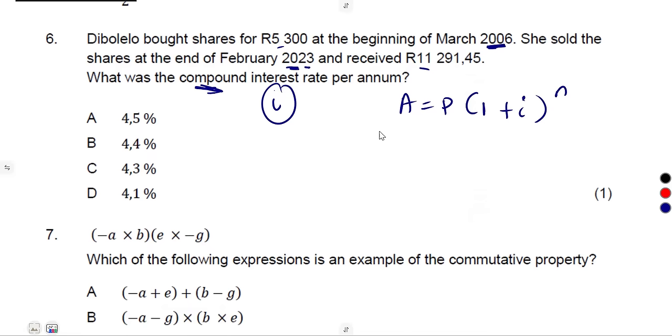From our compound interest formula, amount is equal to P into 1 plus i to the exponent of n. So the question is, from the information, remember she bought shares for 5,300. That is like an investment principal, the money you start with.